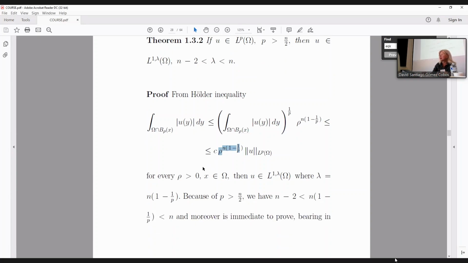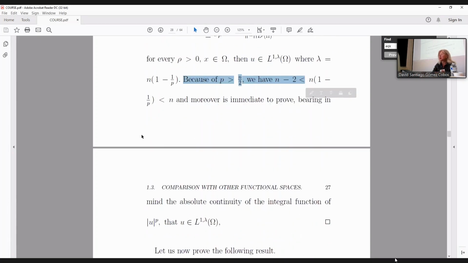This is true, of course, where lambda is exactly equal to n times 1 minus 1 over p. Well, because p is more than n over 2, we have that n minus 2 is less than n times 1 minus 1 over p, which is less than n, so it's easy to prove that, bearing in mind the absolute continuity of the integral function of u^p, we have that u is in L^{1,lambda}, and then the proof is completed.